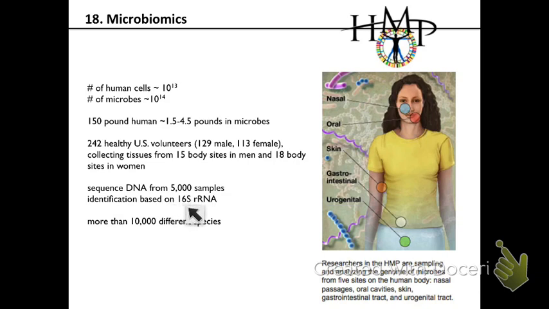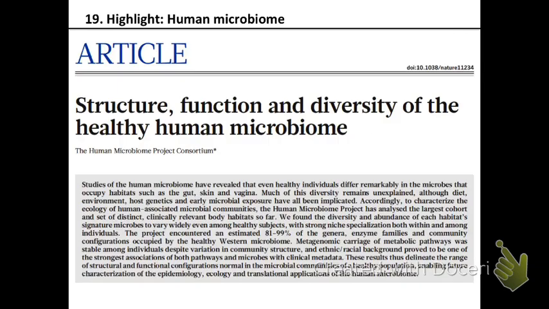Based on 16S rRNA, okay? And then they found there were more than 10,000 different species of bacteria that live in our body, okay? Some of the outcomes of this work were published here, essentially revealing what was found.